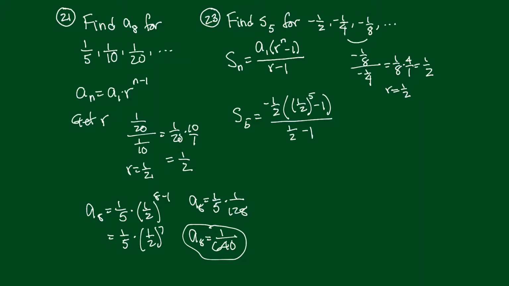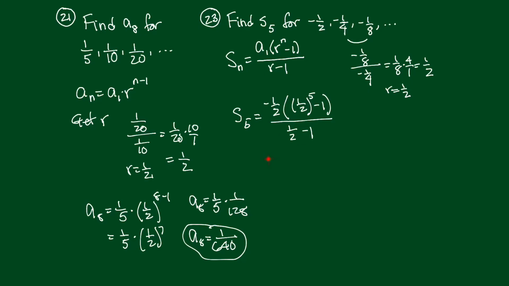Let's just track that, be sure. a1, that's the first term, negative 1/2, times the quantity r, which is 1/2, to the n, which is 5, right, 5 terms, and then minus 1, all over r, which is 1/2, common ratio, minus 1, right here.